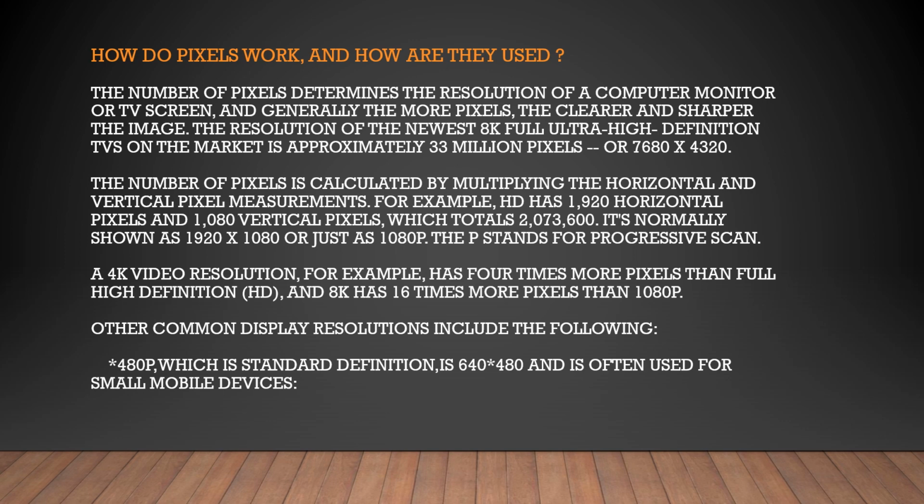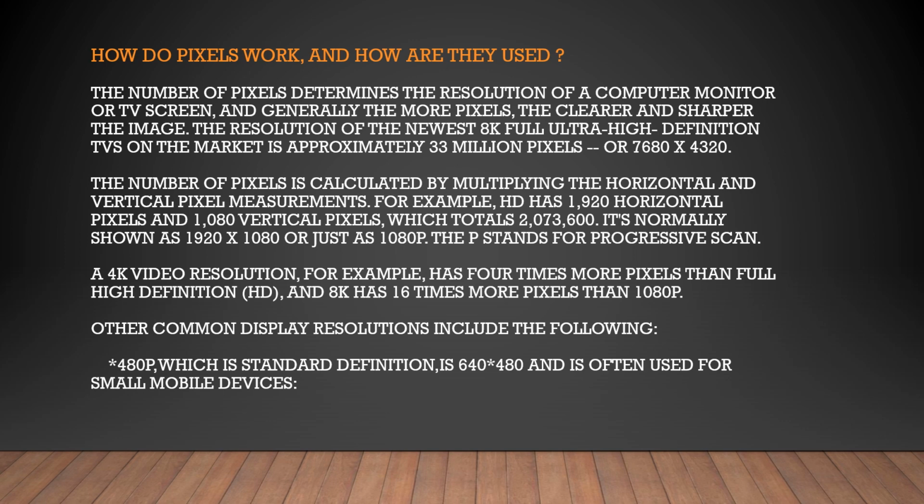The P stands for progressive scan. A 4K video resolution, for example, has 4 times more pixels than full high definition, what we call HD, and 8K has 16 times more pixels than 1080p.